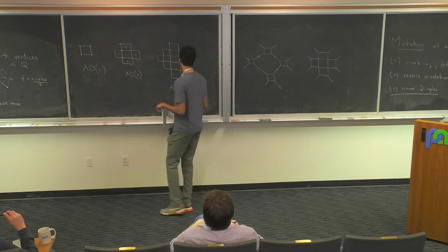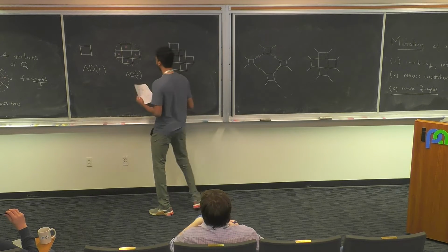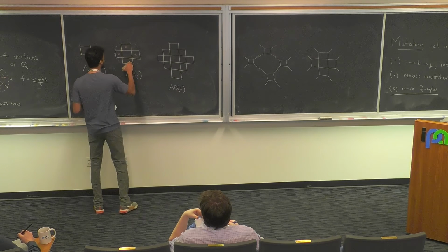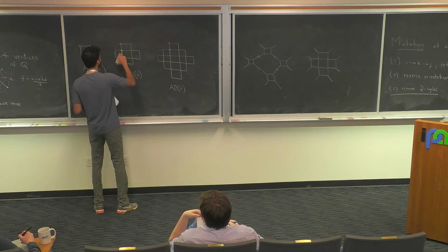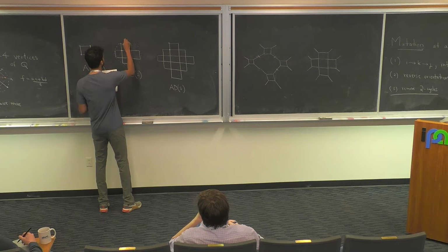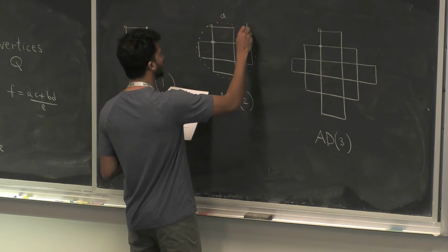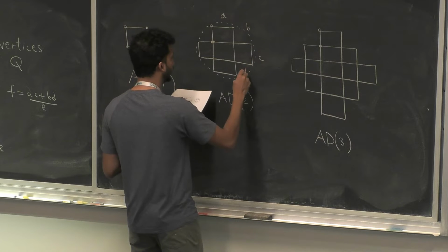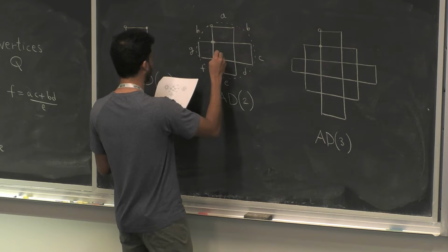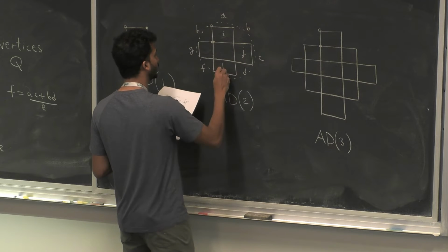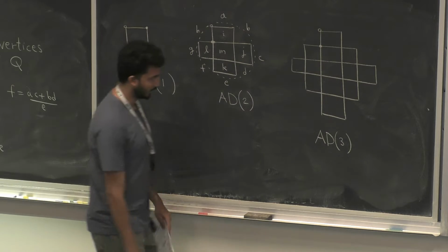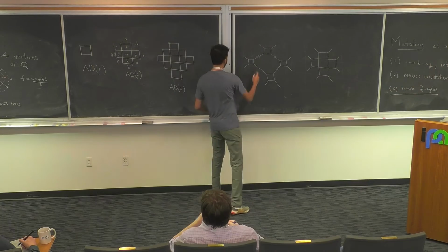So let me give names to these cluster variables. Initially, I start out with some cluster variables on this graph. Let's just call them A, B, C, D, E, F, G, H. So I have some initial cluster variables, and as I did these mutations, I get new cluster variables.